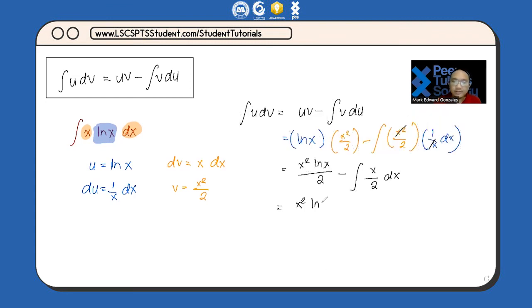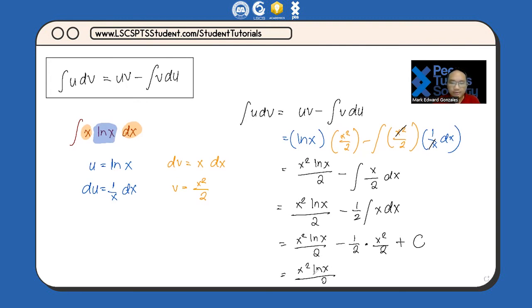So x squared ln x over 2, we factor out 1/2, leaving us with the integral of x dx, and the integral of x dx, as we have mentioned a while ago, is equal to x squared over 2. We can also use the power rule to verify this. Plus c, constant of integration. So x squared ln x over 2 minus x squared over 4 plus c will be our final answer for this one.